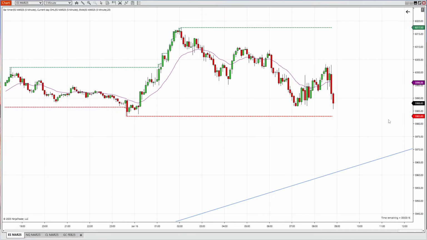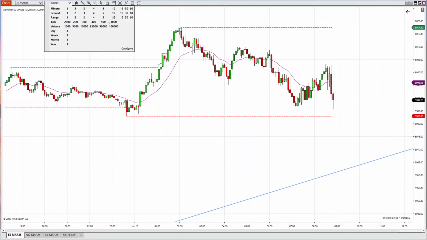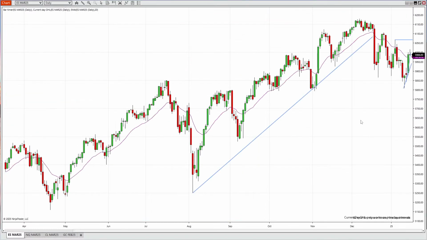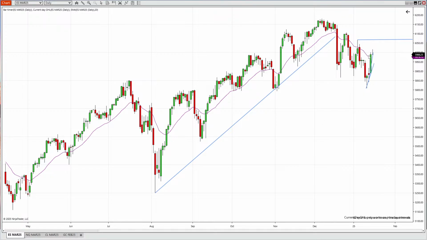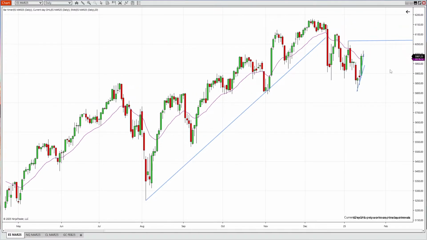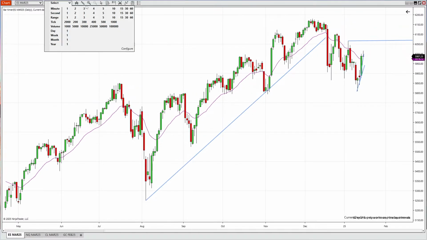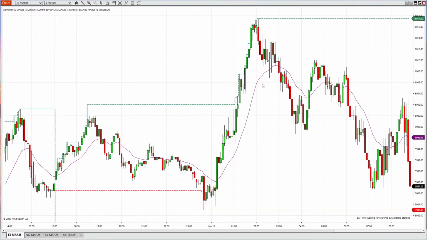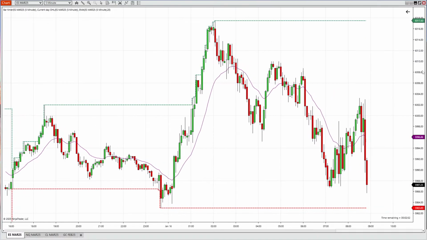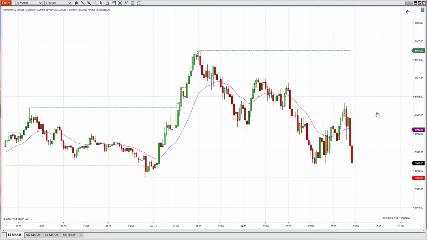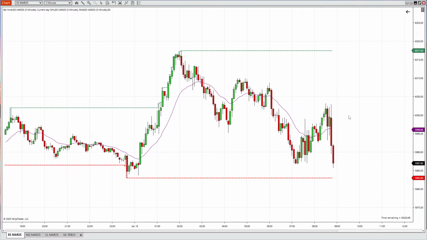I'm probably, let's see here. Right around the EMA, we are above it. Just trying to determine a good profit target here.